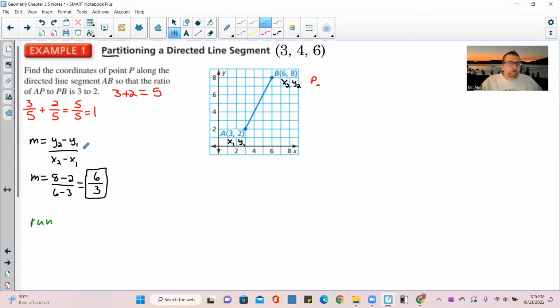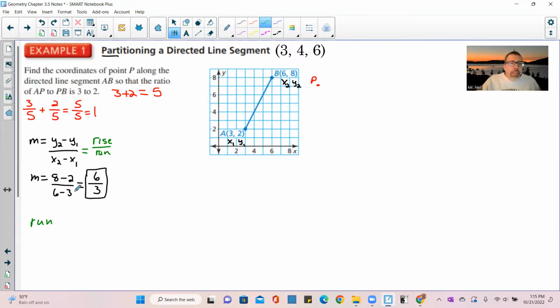Remember that slope means rise over run, or change in y over change in x. How much did this rise? It rose 1, 2, 3, 4, 5, 6, and it ran 1, 2, 3, and we're back on the line. That's what rise over run means.